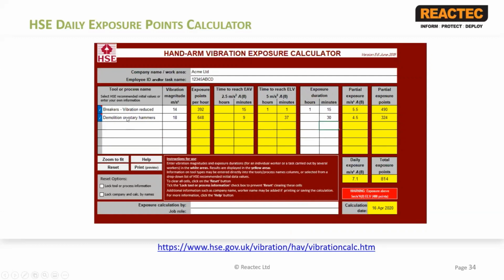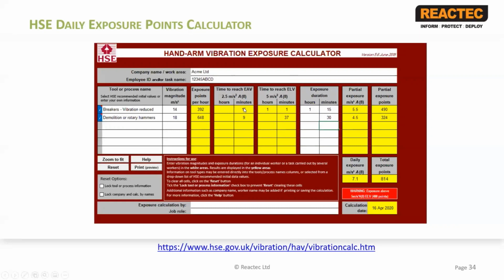And if you select from the HSE's group of tools, it will provide you with a typical vibration magnitude that they would expect for that tool in meters per second squared. From that vibration magnitude, the HSE will then provide you with the exposure points per hour for that vibration magnitude.